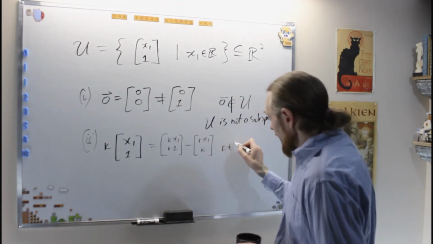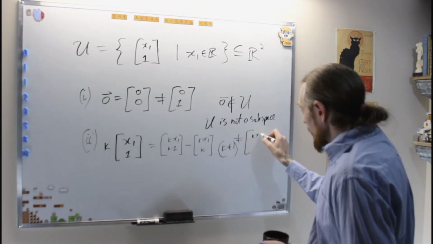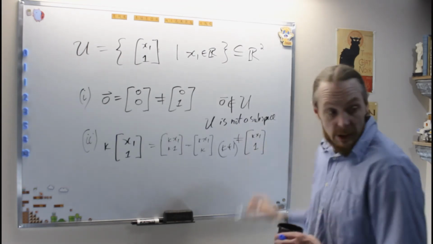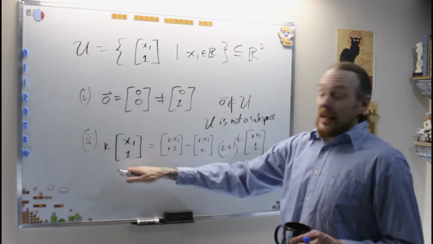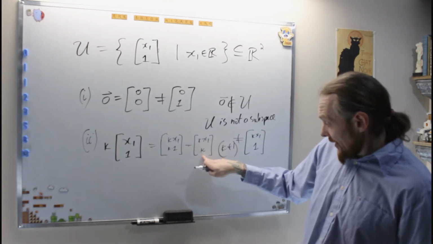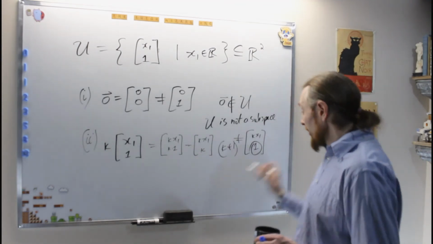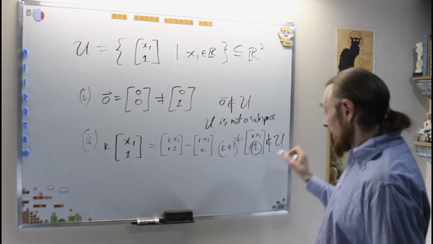And if k is not equal to 1, this does not equal kx1, 1. Scalar multiplication also fails. K times a vector is this, which doesn't equal this. It doesn't look the same anymore, so this is not in U.